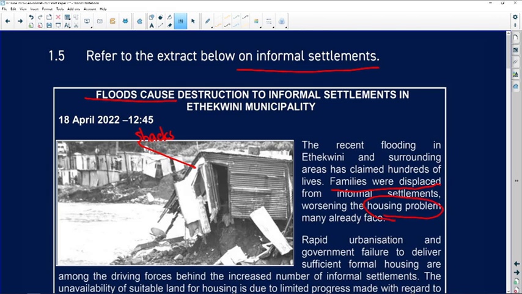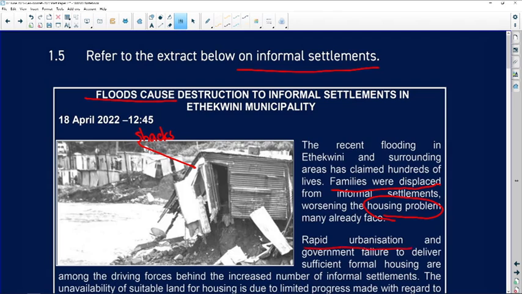Now, we see an increase in the size of informal settlements because of rural-urban migration, because of rapid urbanization. And unfortunately, many places are getting overcrowded, so the people had to go and settle in informal settlements.